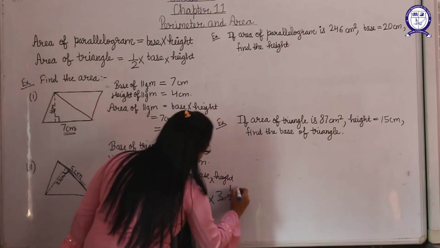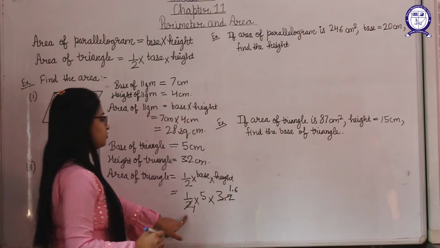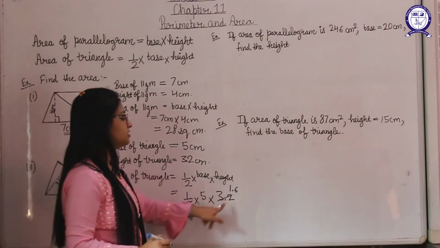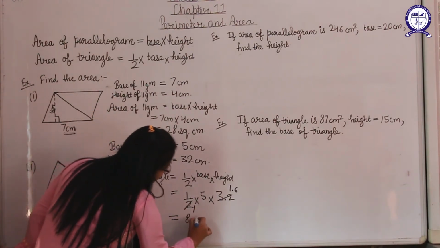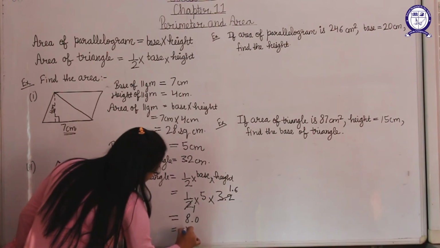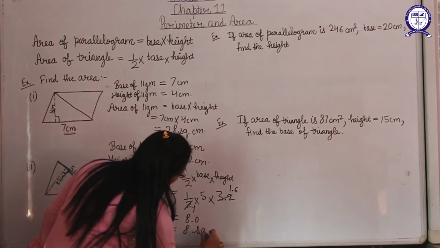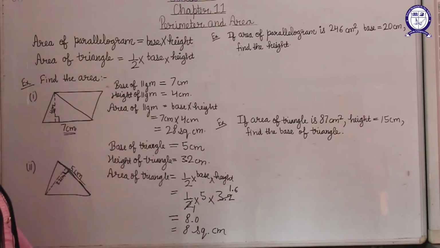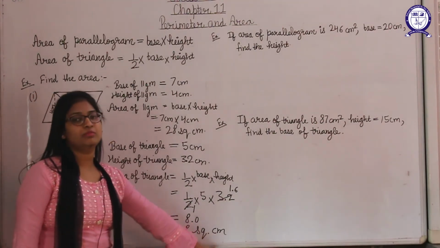So 2 6s will be 12. It means when we divide 3.2 by 2, we get 1.6. Now what is in the numerator? 1.6 and 5. So 1.6 multiplied by 5 will be 8.0, or we can say it as 8. 8 square, as we are finding the area, and centimeter as the units are in centimeter. So the area of the triangle comes out to be 8 square centimeter.